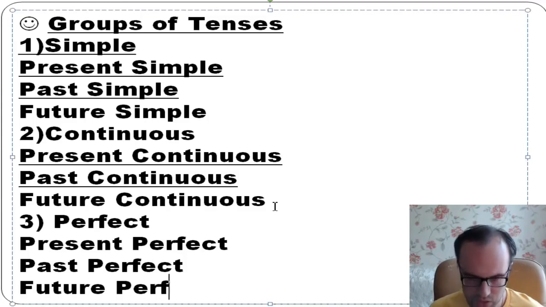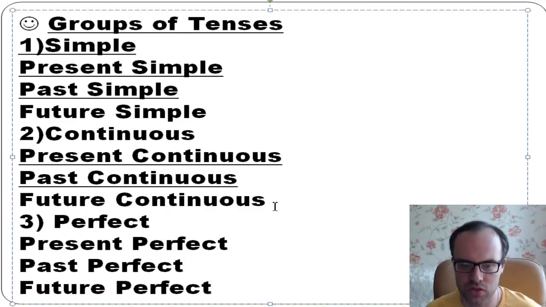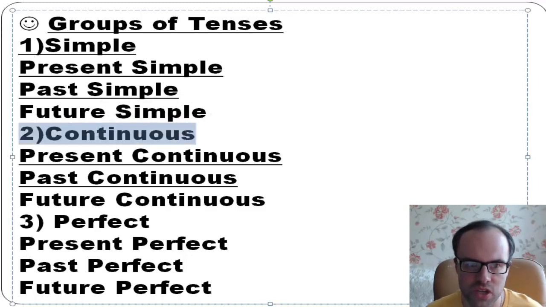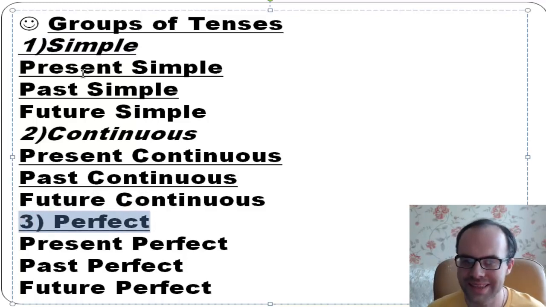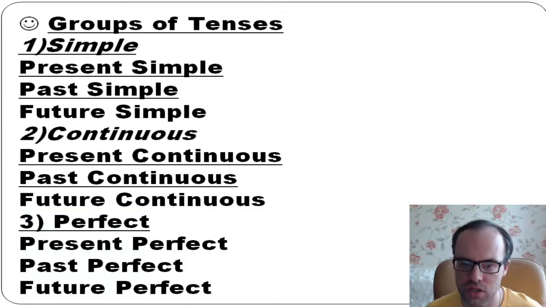Okay, so I think that we are doing the right thing, and these groups are really very important. So continuous, simple, and perfect. Let's compare future simple and future continuous.